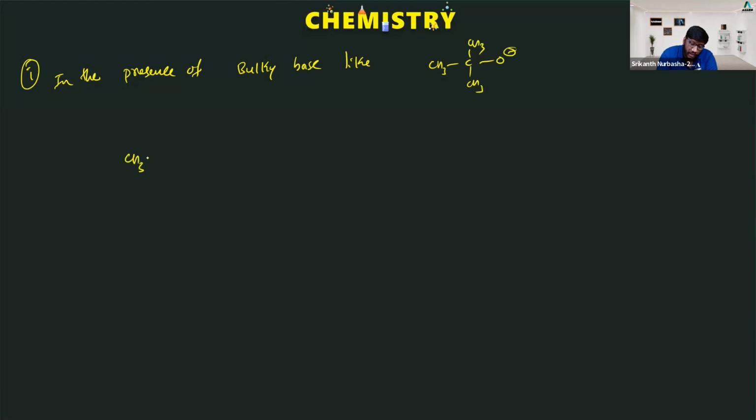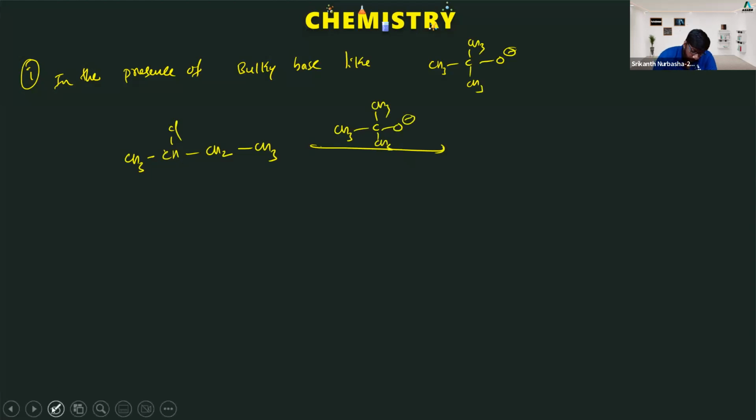Now we are trying to take an alkyl halide, CH3CHCl CH2CH3, and I'm treating this with (CH3)3CO minus. Generally what happens, the base has to pick up the proton. So how many protons are available? Two types of protons are available.